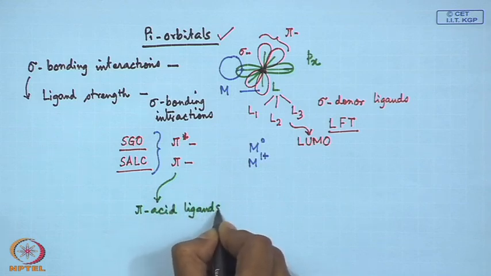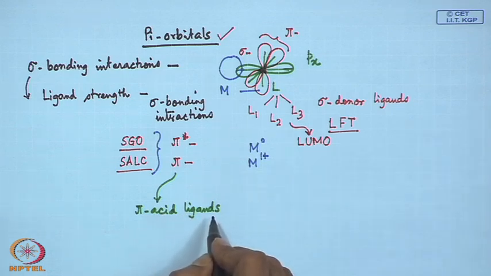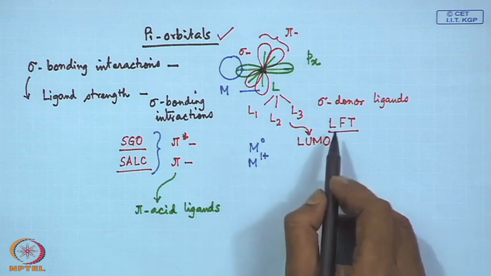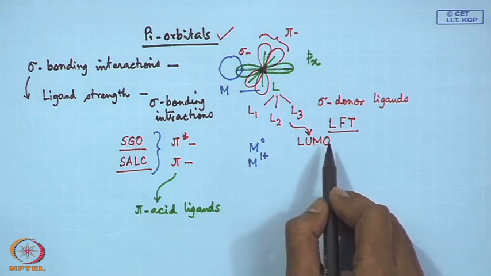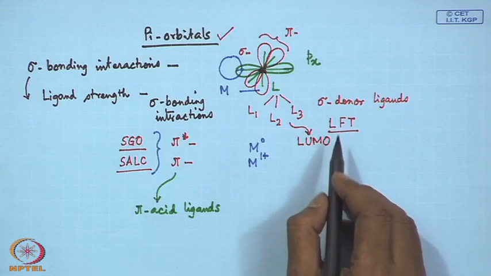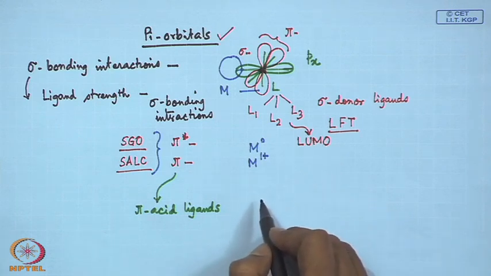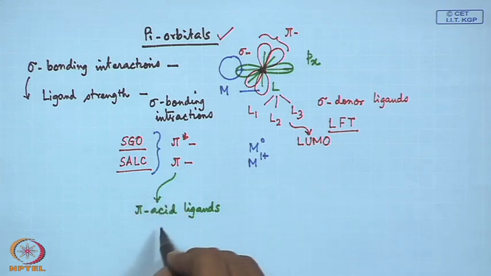Once we know this ligand field theory related to pi interactions, then only can we understand what these pi acid ligands are, because so far, in crystal field theory and the basic ligand field theory for sigma interactions, we have not encountered any orbitals where the interaction is of pi type.